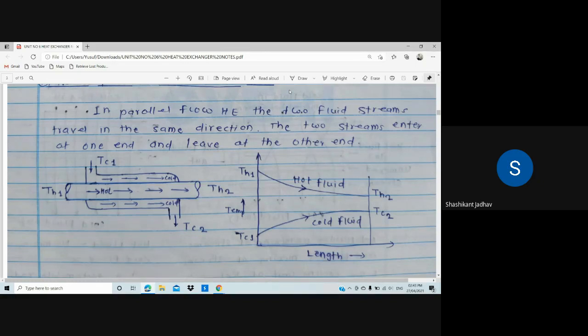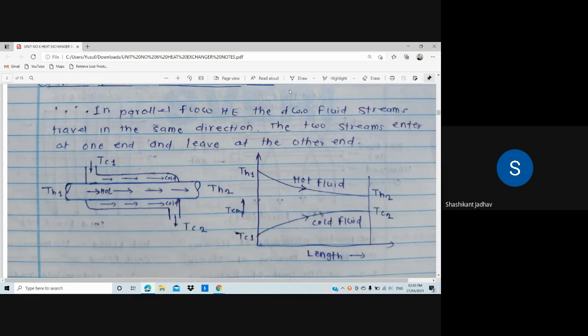Suppose the direction of hot fluid and cold fluid is the same, एकाच डायरेक्शन मध्ये जर हॉट फ्लुइड आणि कोल्ड फ्लुइड जर मूव्ह होत असेल तर that type of heat exchanger is nothing but parallel flow or unidirectional flow. समजले का, पॅरलल फ्लो मध्ये हॉट फ्लुइड आणि कोल्ड फ्लुइडची डायरेक्शन सेम असणार आहे. ओके, समजले, बघा सिंपल आहे. दॅट इज नथिंग बट पॅरलल फ्लो.